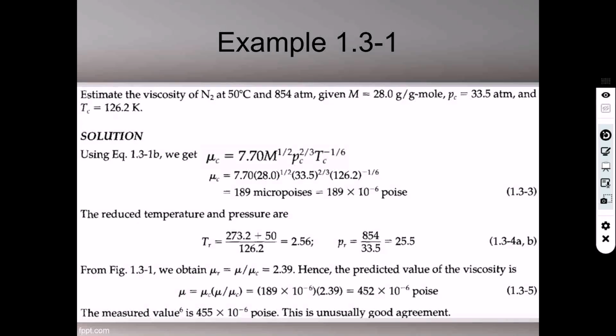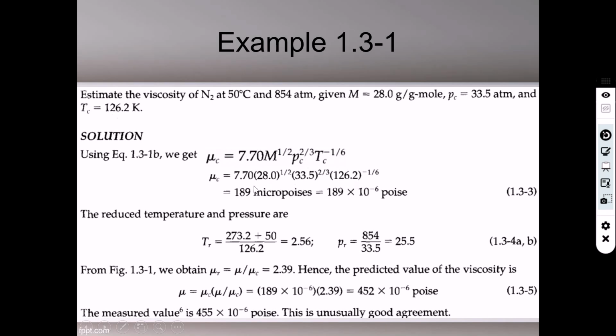For this example, it's kind of easy, right? Because it gives us all the information. So the way to do that is we put the equation here, and then we substitute all the values into those variables. So the M should be 28, and PC should be 33.5, and TC is 126.2.